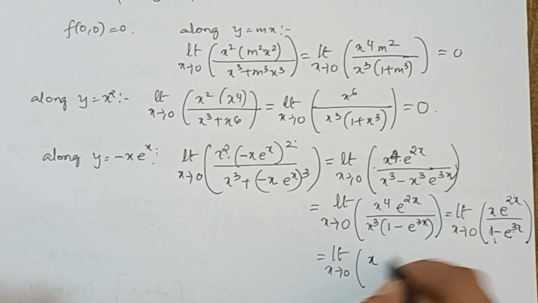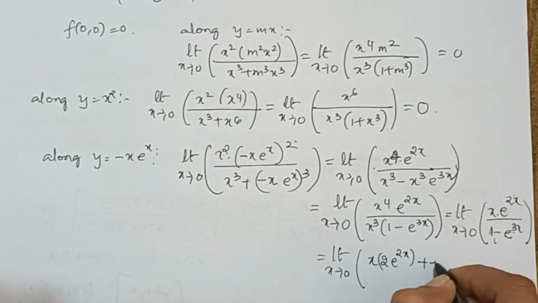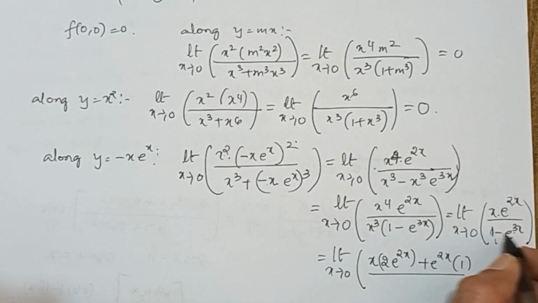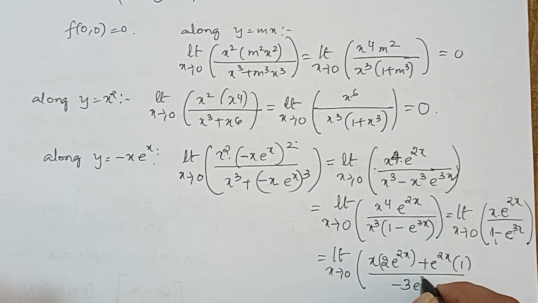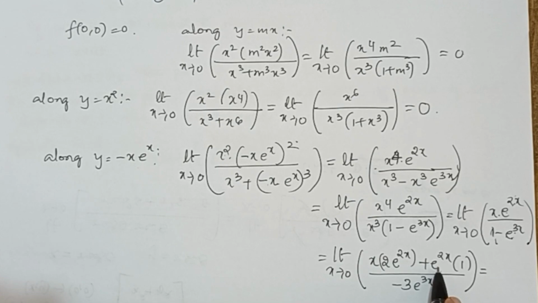So product rule to the numerator, 2 into e to the power 2x plus e to the power 2x into 1, divided by derivative of 1 is 0 minus 3 into e to the power 3x. Now apply the limit. So this is equal to, as x tends to 0, this value is 0, this is 1, divided by, this is also 1, minus 1 by 3. The value of this limit is minus 1 by 3.